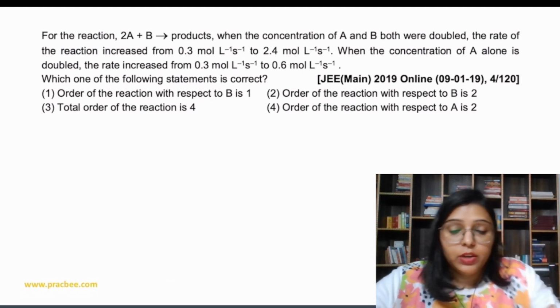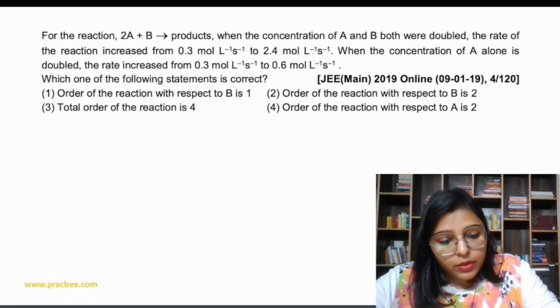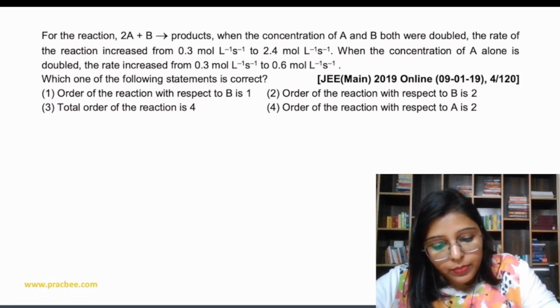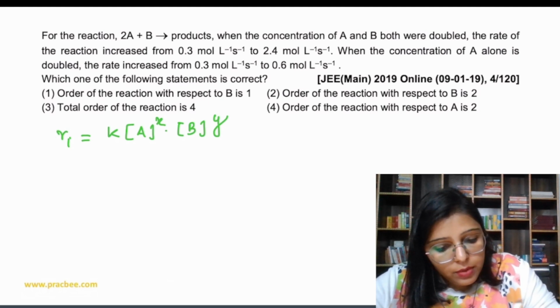Okay, fine. So first what we are going to say, look, R1 is k[A] to the power x and [B] to the power y, okay. Now for this, rate is 0.3 mole per liter.